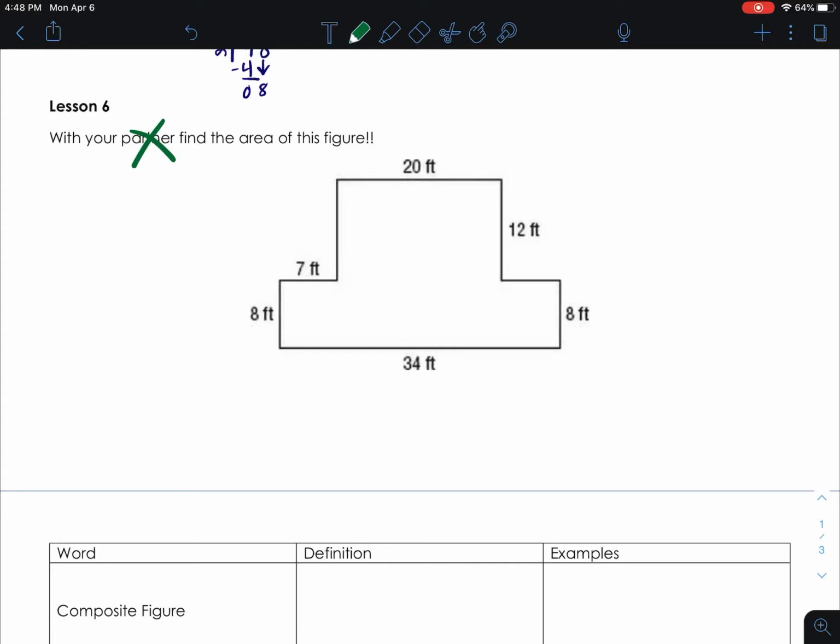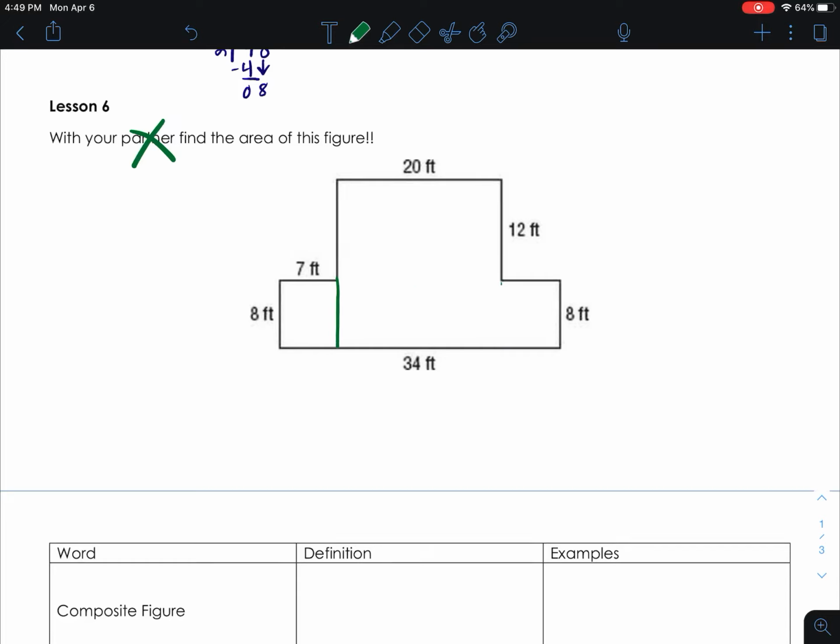All right, so hopefully you solved it, but I'm gonna go ahead and show you the solution. There are a number of ways you can do this. You can either slice it down here and you have 3 rectangles, 1 here, 1 here, and 1 here. That's one way.